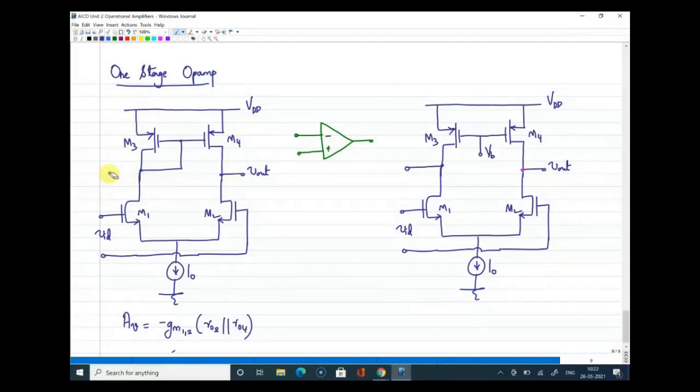So directly taking differential output from this point is not correct. But when you come to this side, if I remove the diode connected structure, what I am getting is two MOSFETs, both current source loads, and by biasing that properly in saturation, you can definitely get output voltage here. So I'll mark this as Vout1 and this as Vout2.